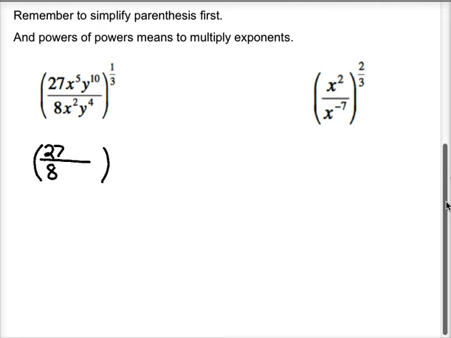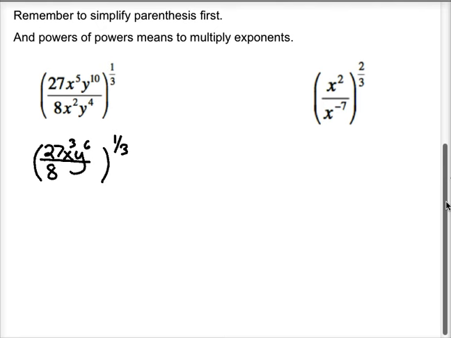However, x to the 5 divided by x to the 2. 5 minus 2, subtract the exponents, leaves me with 3. Y to the 10 divided by y to the 4. 10 minus 4 leaves me with 6. So the first thing I'm going to do is simplify things inside the parentheses first.